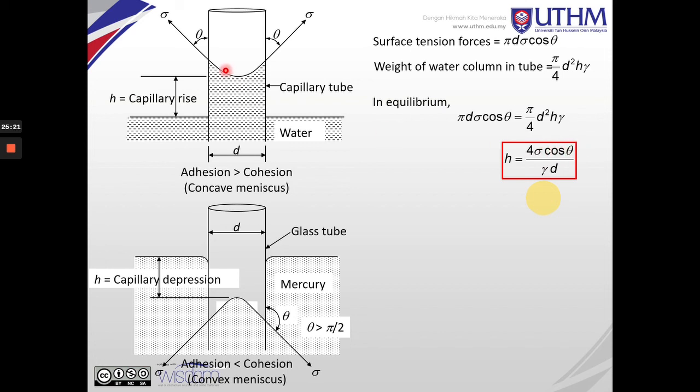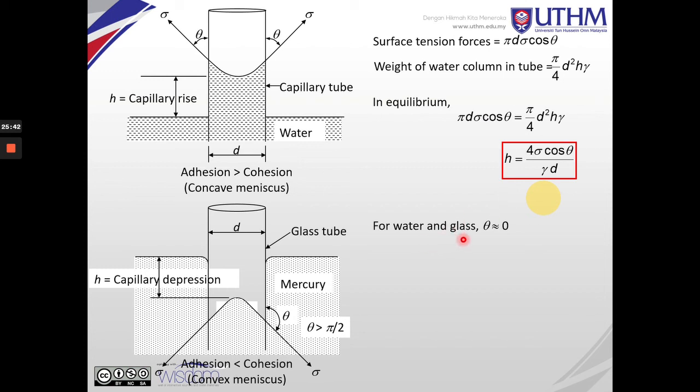Cos theta uses the angle from the rod to the U shape for the water, and also the glass rod with the mercury, so they have the angle here.